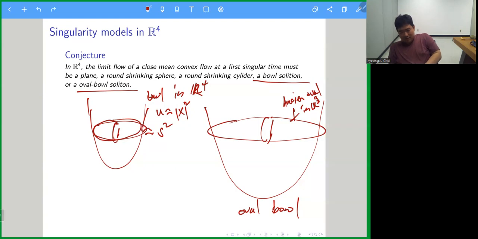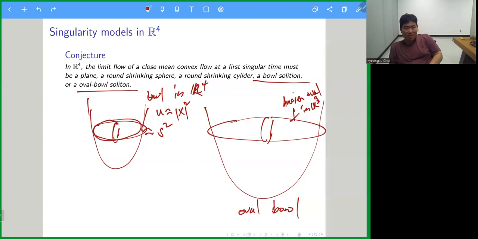And for the last thing, I would like to comment that I keep saying first singular time. That's because I just consistently focus here, but actually in some weak sense one can define the flow beyond the singularity. So in some weak sense it can exist even beyond the first singular time.